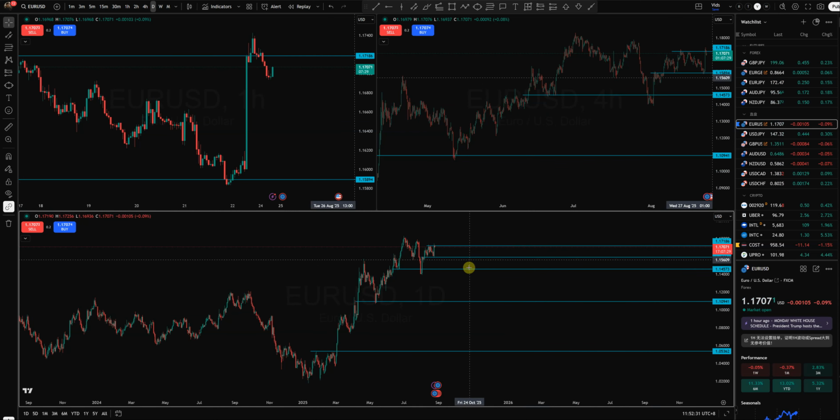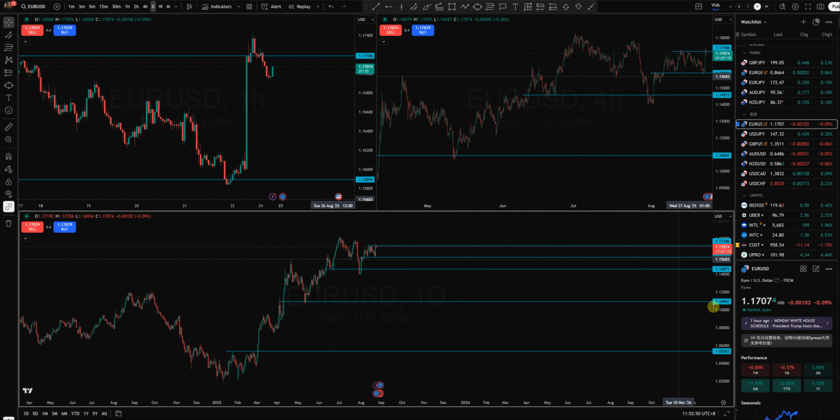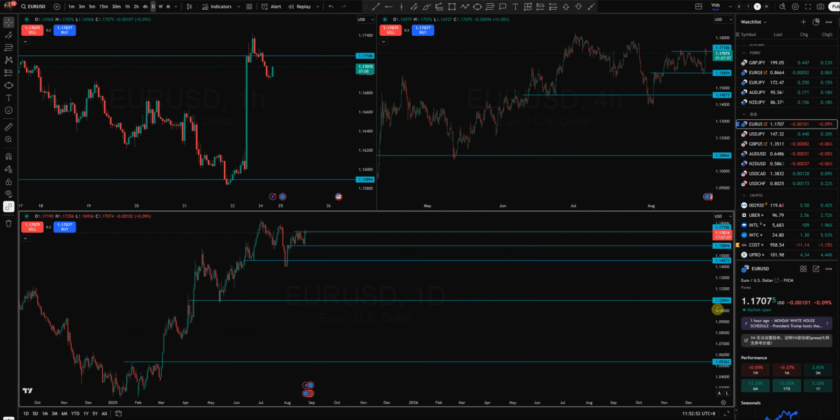Of course, the most common, beginner-level approach is that we need to draw out all the support and resistance levels, which I already did here, right?